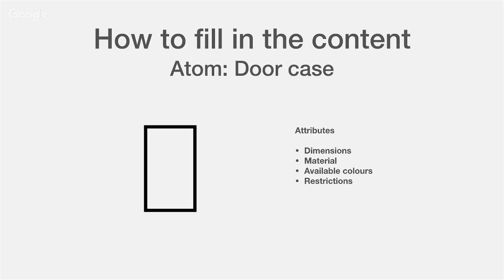Could be that some atoms don't work together with other atoms. Let's say you can't have a door within a garage door. We don't offer that as a company, so they don't work together. You can have that as content here. The restriction is that it doesn't work together with this or this pattern.